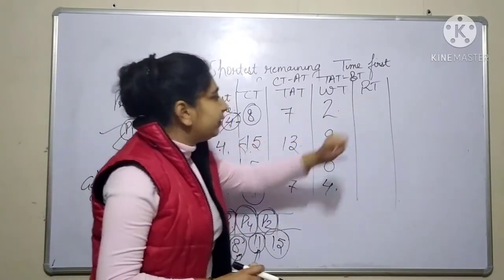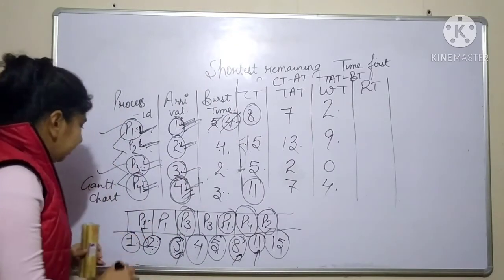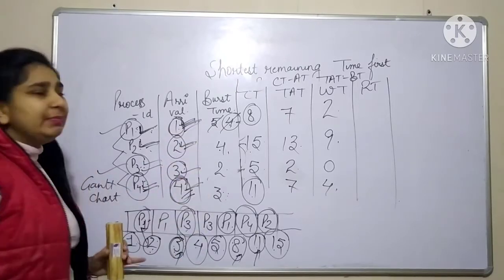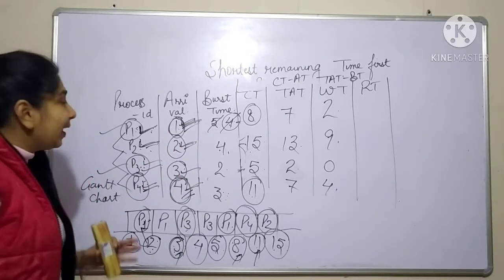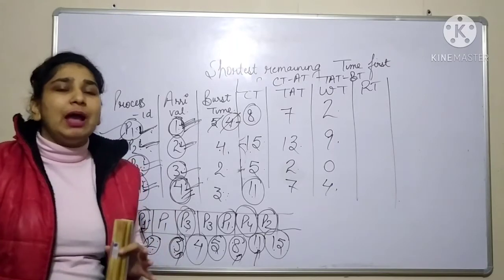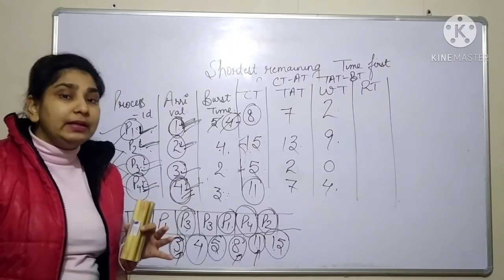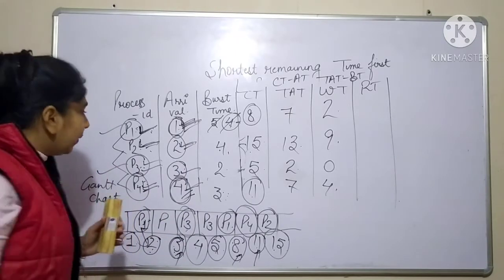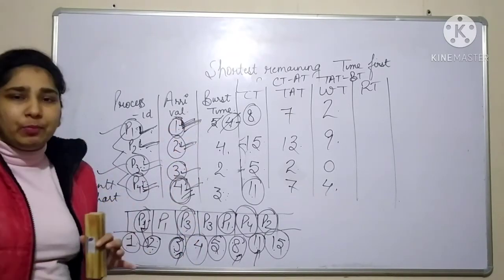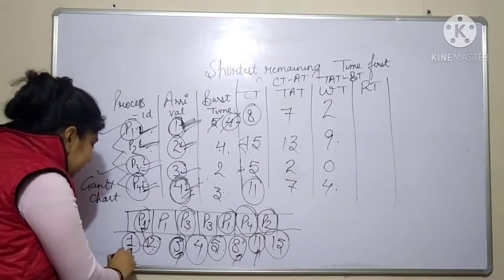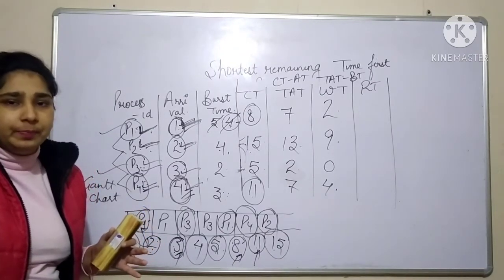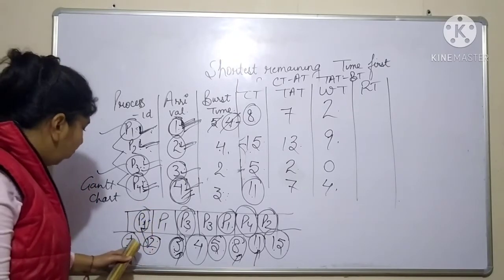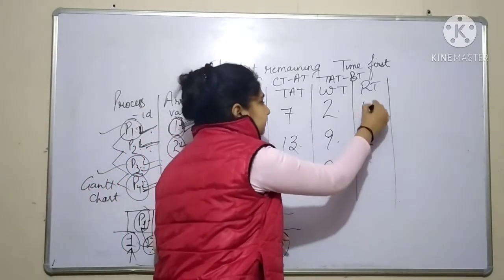Now let's calculate the response time. If you look at process P1, it arrives in the main memory at 1. After its arrival, how long does it wait to get the first response from the CPU? It arrives at 1 and is given CPU on the spot, so it didn't wait any time. 1 minus 1, 0.